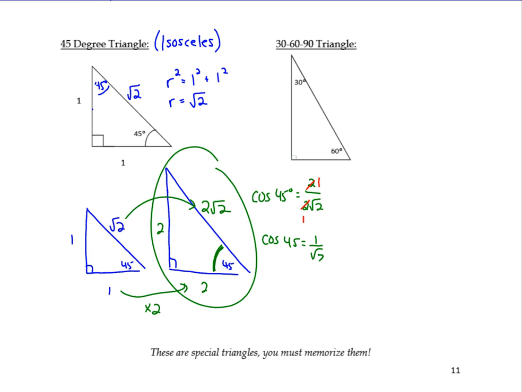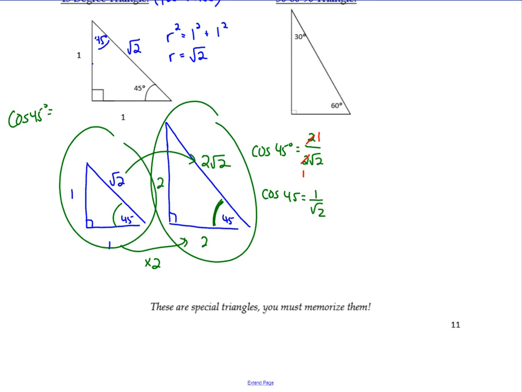So this would just be cos 45 equals 1 over root 2. If I use this triangle, cos of 45 would equal adjacent over hypotenuse. What would be the adjacent? 1 over root 2. Notice how it doesn't matter. The ratios of the sides will always be the same. It'll always simplify to the same. That's the principle of similar triangles. We've covered that in grade 9, I think. Yes?